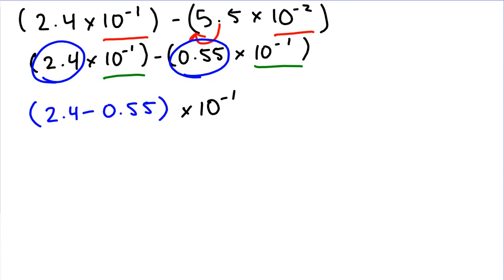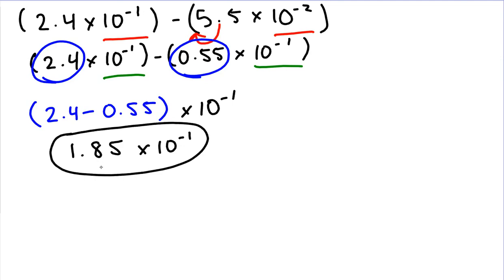When you subtract, you're going to get, let's see here, 1.85, I think, times 10 to the power of negative 1. And you know that this is correct because our number is at least 1, less than 10. And we are done with this one.